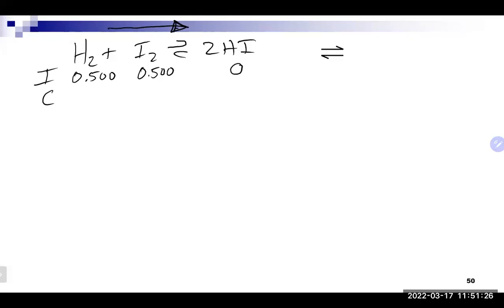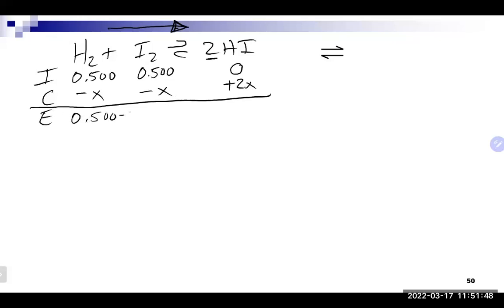And that means that our reactants should be decreasing, should be negatives, while our products should be increasing and positives. So this would get us a minus x, and plus 2x situation. Again, making sure we take into account the coefficient there. That's going to get us to equilibrium of 0.5 minus x, 0.5 minus x, and 2x. Any questions on the ice table there?